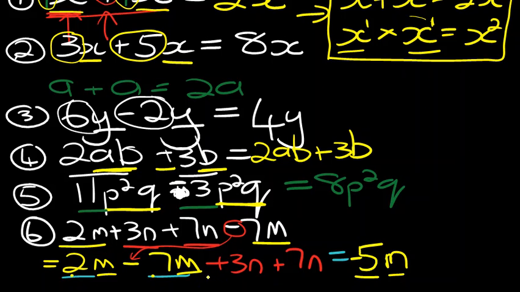You're adding and subtracting like terms, and then you have 3n plus 7n, and that is just 10n. The variables are the same, n and n, like terms they are, so you just add the one number plus the other number, 3 plus 7, that's the 10. And that's basically a good foundation to simplify your algebraic expressions.